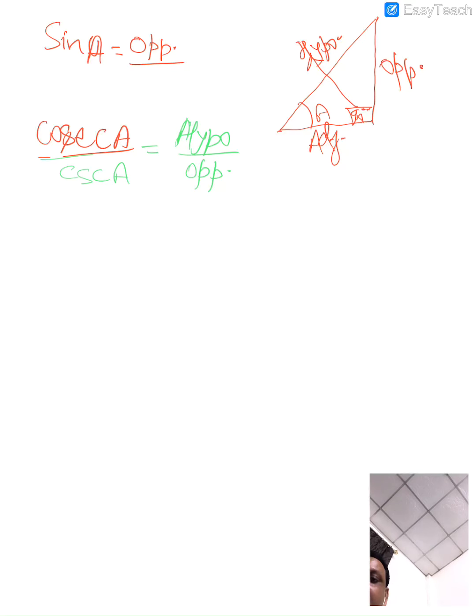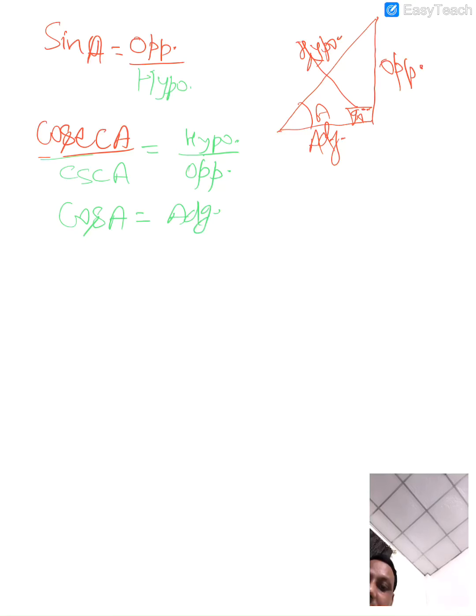So you have to know here, cosec is hypotenuse over opposite. Then the second thing we have to know, cos A is equal to adjacent over hypotenuse.